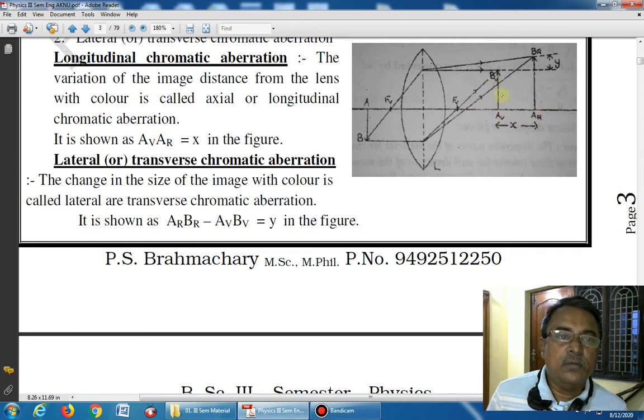Here AV BV is the size of the violet image and AR BR is the size of the red image. Then what is the difference between these two? That is AR BR minus AV BV, and that is represented by y here. This y is perpendicular to the axis of the lens. So, this difference is called the lateral chromatic aberration or transverse chromatic aberration.